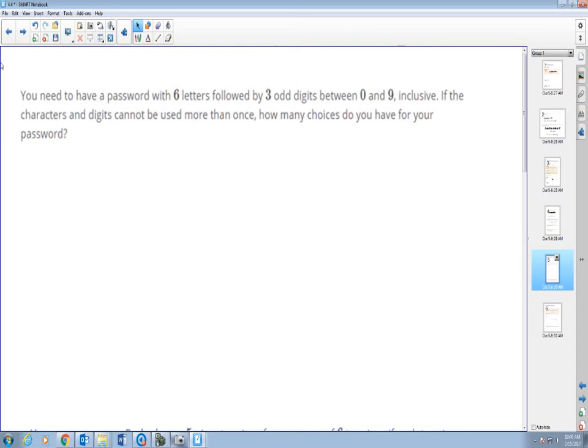The first thing we have to understand is the password is going to have 6 letters followed by 3 odd digits, or digits, just digits.